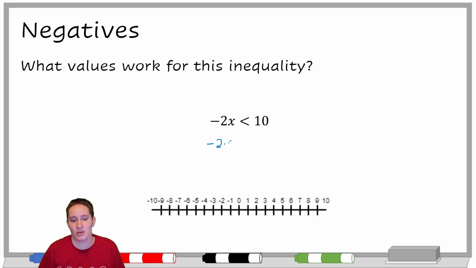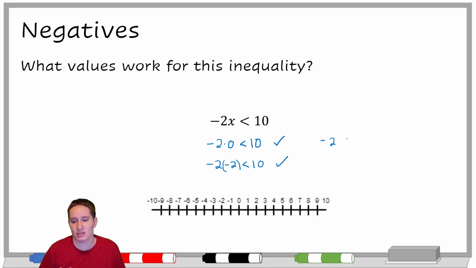If I put in 0, is this a true statement? -2 times 0 is less than 10. Yeah. How about a negative number like -2? If I do -2 times -2, I get +4. +4 is less than 10. Okay, that's true.